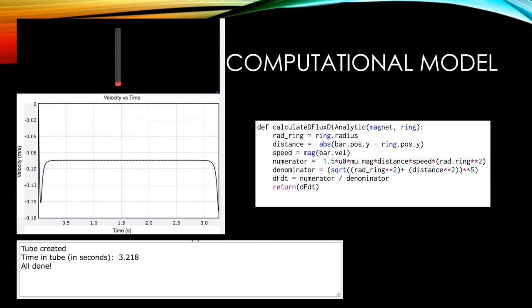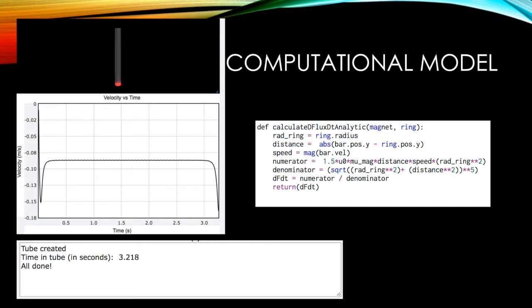I then used the Biot-Savart law to calculate the force exerted on each of the current-carrying rings. I then used Newton's third law to calculate the force exerted on the falling magnet by the current-carrying rings. And then I calculated the net force, and finally I used Newton's second law to calculate the velocity and position of the bar, which I used to create this velocity versus time graph, along with showing how the magnet fell through the tube.